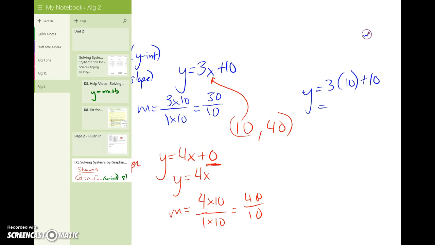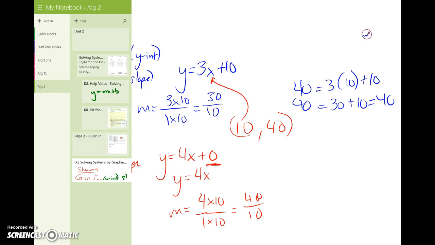Then we need to make sure it's equal to 40, so let's erase that y. It should be equal to 40 if we're right. 3 times 10 is 30, plus 10. And 30 plus 10 is 40, so that works.